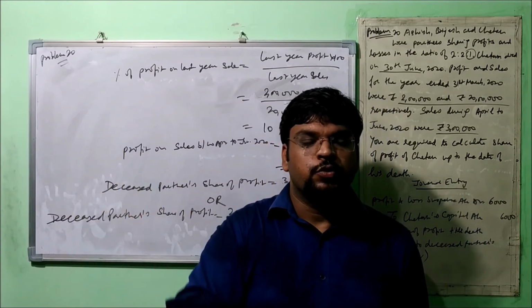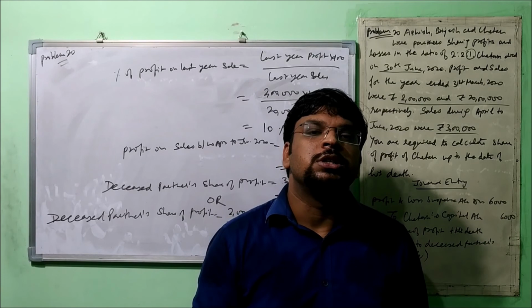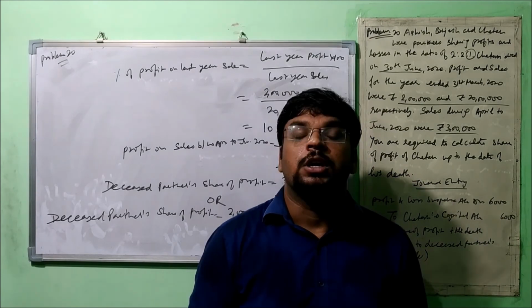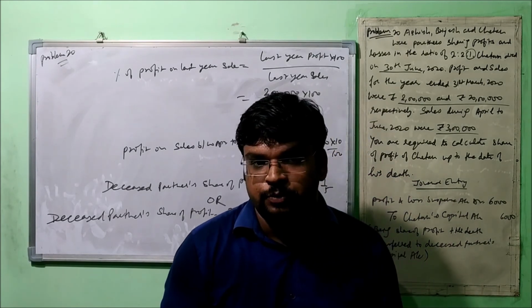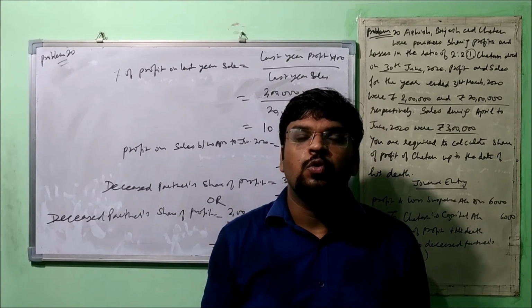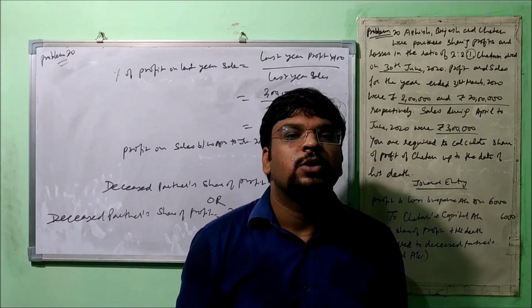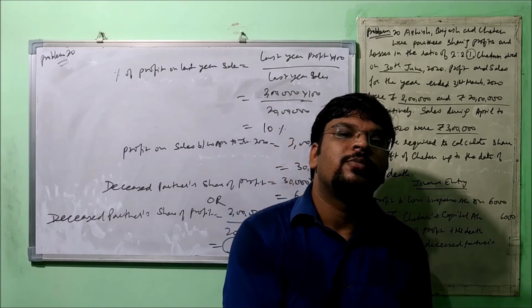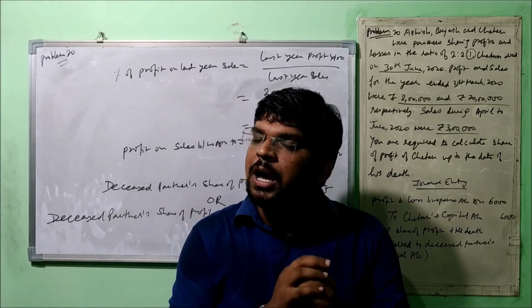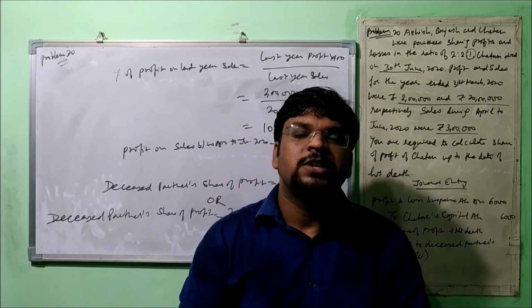Alright, so friends, it was all about the concept and numerical problems related to the death of a partner. Let me tell you one more thing. If you want to attempt any numerical question on retirement of a partner or death of a partner, everything will be similar. One difference will be there.